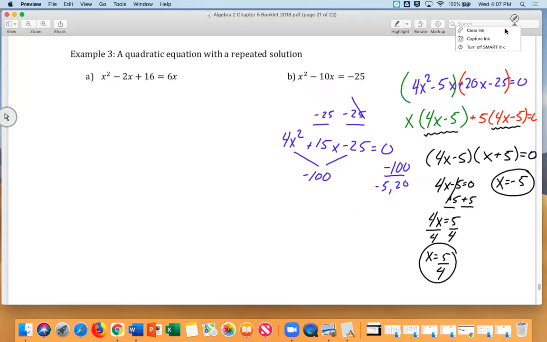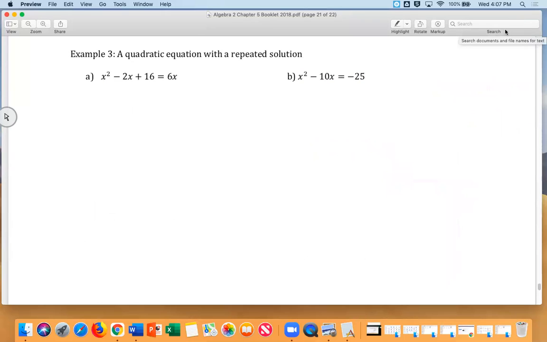Now, sometimes when we do this, we get things called double roots. It's a repeated solution. Remember, we have to have 2 answers. It's okay for the answers to be the same, but I have to have 2 of them because that exponent's squared. So again, I'm going to subtract 6x to make sure I line everything up.